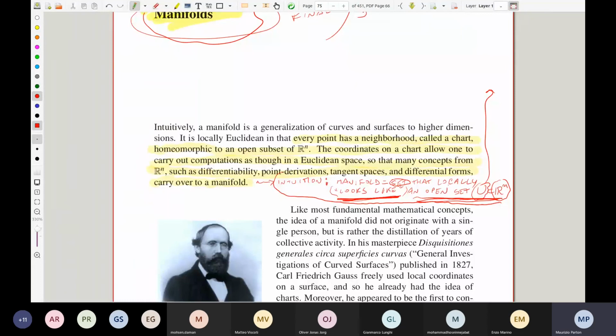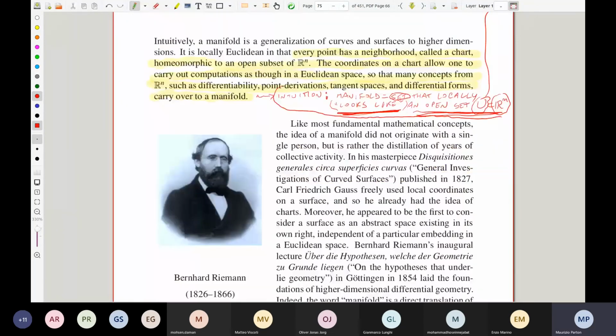So that means in particular, once we have formalized what we mean by locally looking like, every construction that we have made on Rn will be possible to repeat locally.